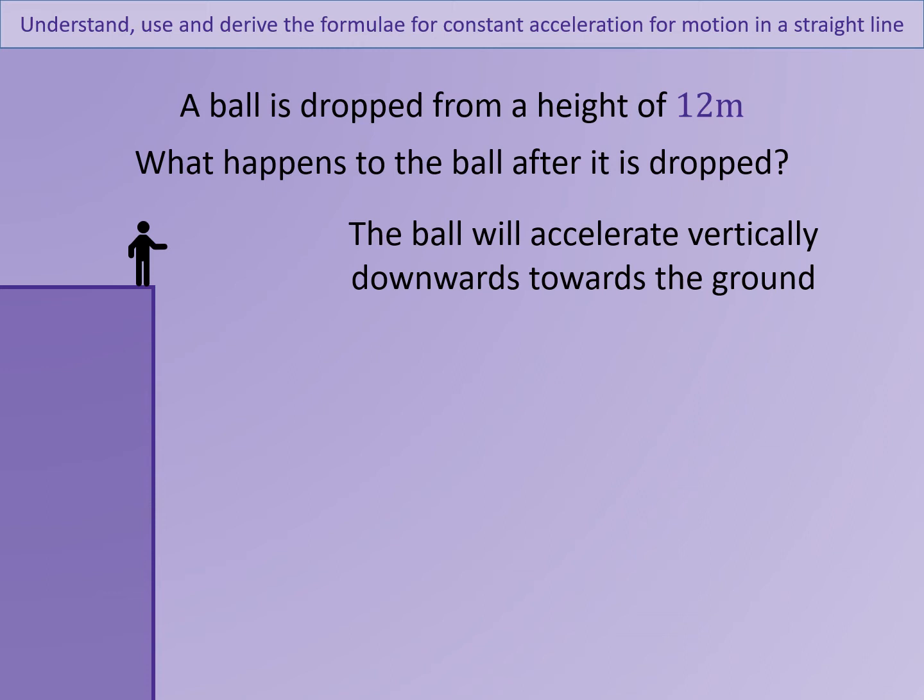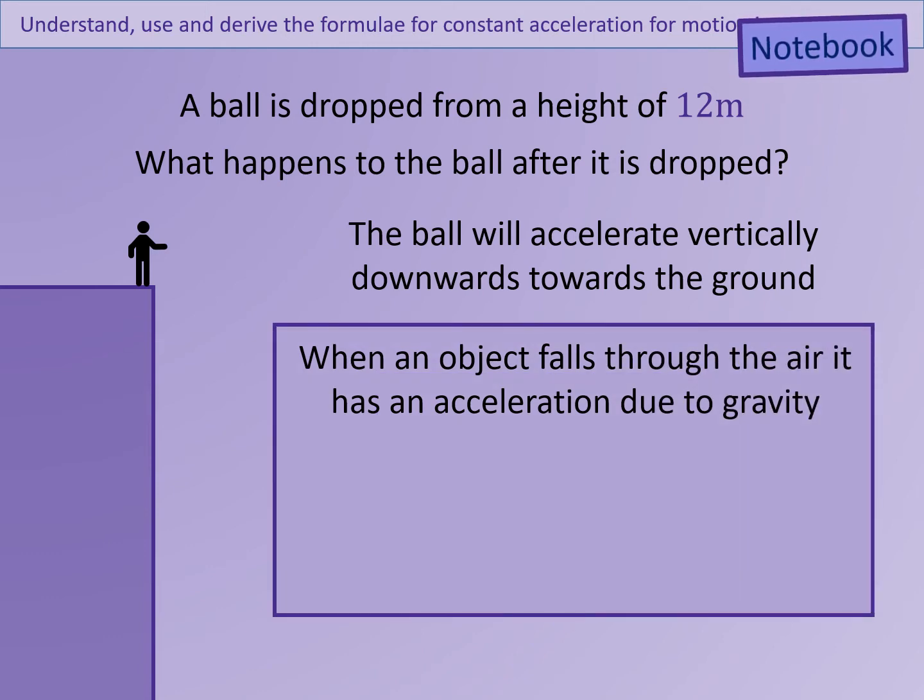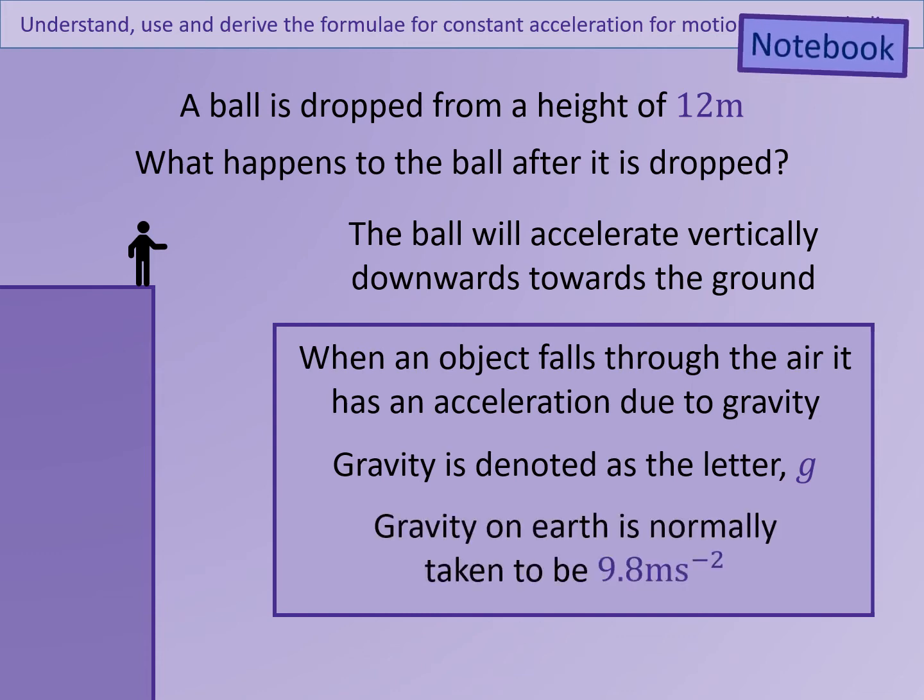This acceleration is due to gravity. When an object is falling through the air, its acceleration due to gravity is denoted by the letter G. Gravity on Earth is taken to be 9.8 meters per second squared for this course.